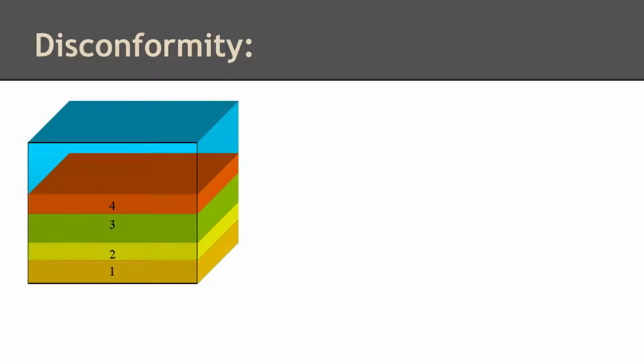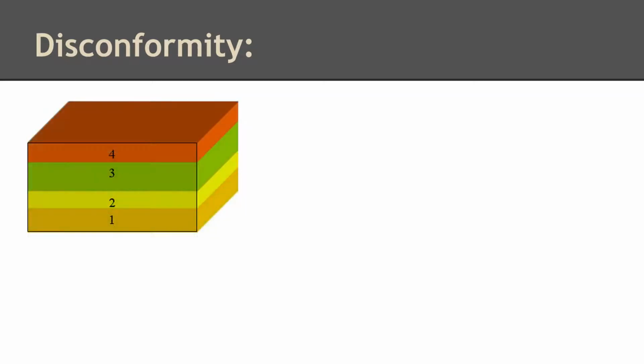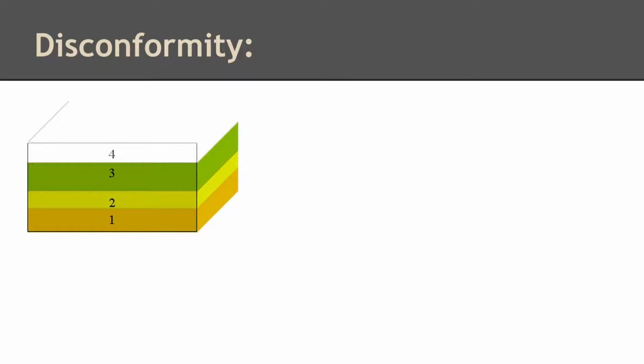For some reason, the body of water goes away or something happens, and either nothing is deposited, or in this case we're going to say layer 4 gets eroded because it's now on the surface. Once it gets eroded, that rock layer is no longer there, so that's part of the rock record that is now missing.